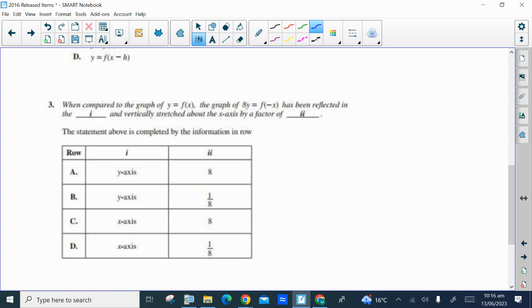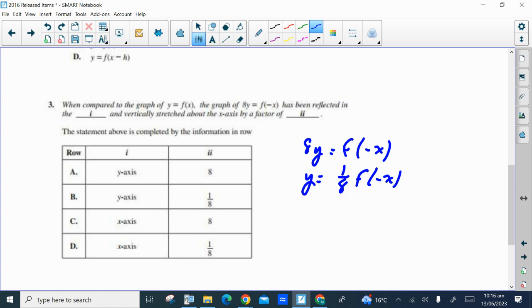Part C. When compared to the graph of f(x), the graph of 8y = f(-x) has been reflected in which axis and vertically stretched about the x-axis by a factor of what? Well, to do that, you would want to get y by itself. So if you start with 8y = f(-x), to get y by itself, you would divide both sides by 8, which is the same as multiplying by 1/8.